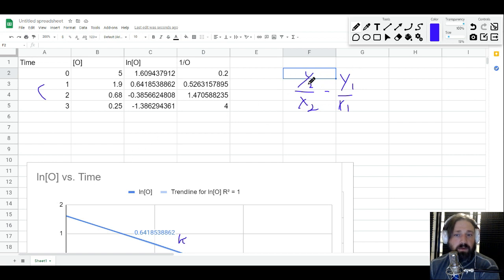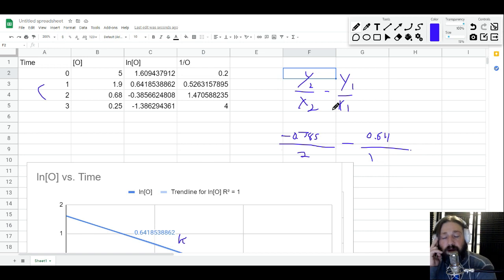Y2 is going to be negative 0.385 over X2, which is 2, minus 0.4 over 1, and then go to town from that to figure out what this slope actually is. All right, maybe I did that backwards.